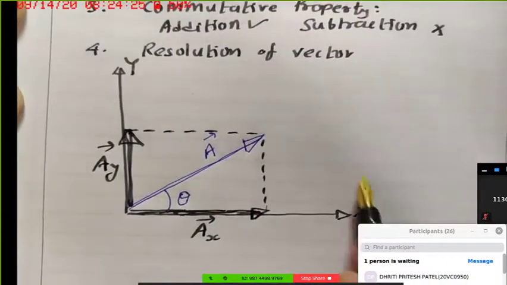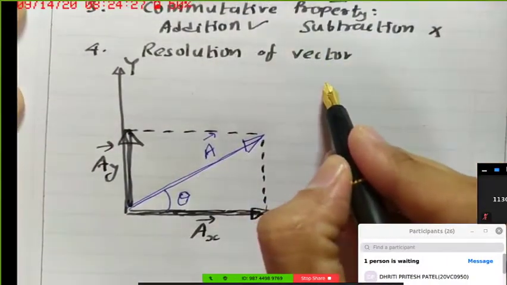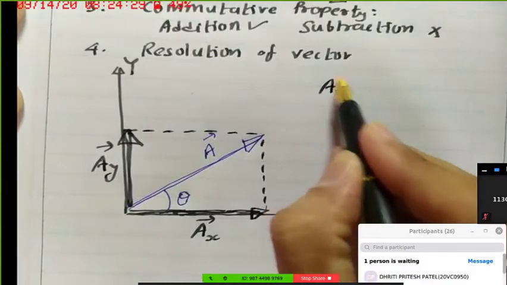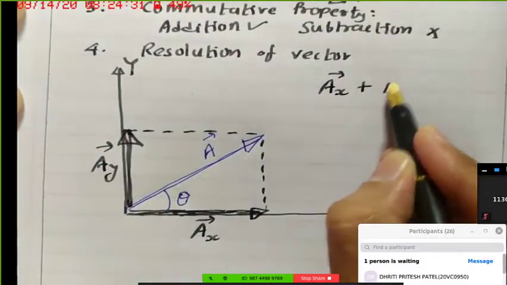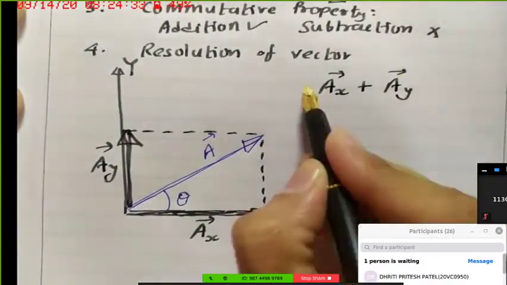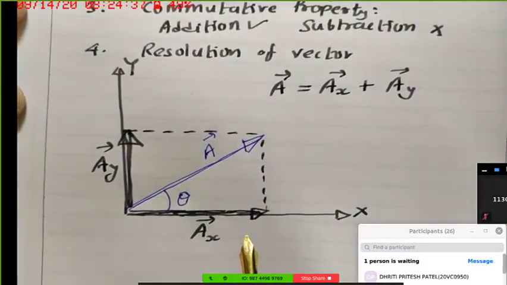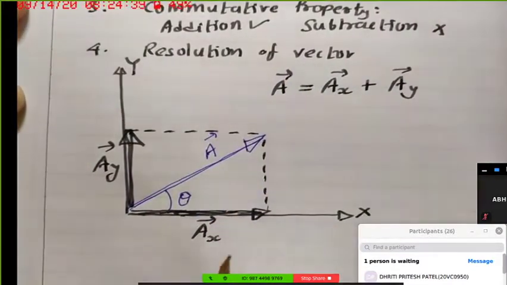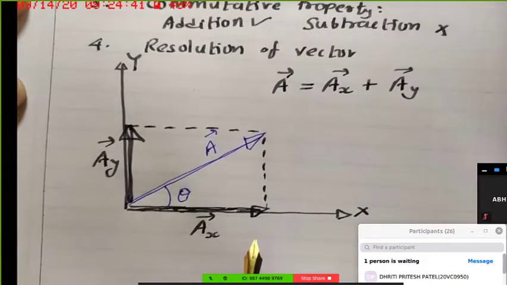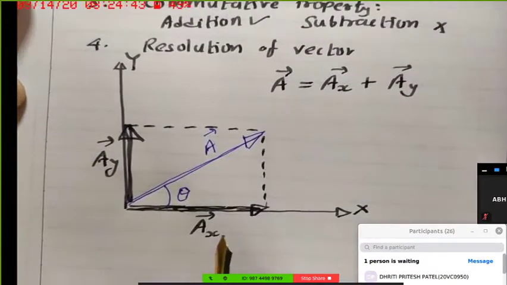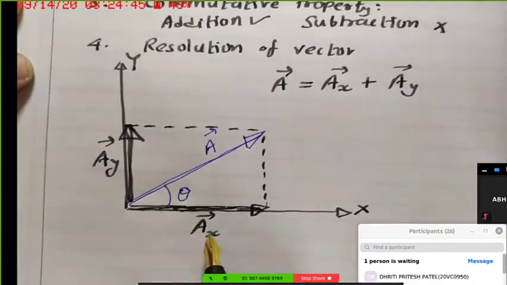So is it legal to write now that vector Ax plus Ay, when both are added, you get vector A, from the method of triangle or parallelogram, whatever you want to name it.